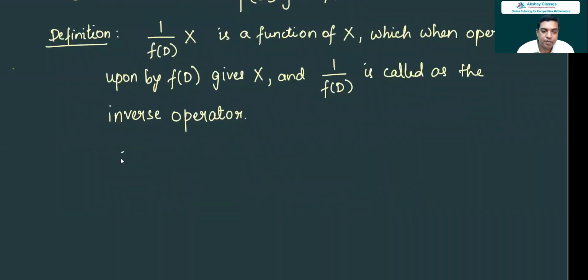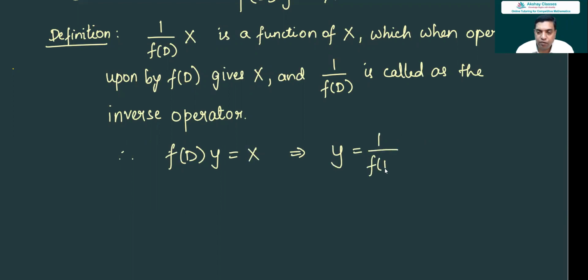Therefore, f of D times y is equal to x. This implies y is 1 upon f of D times x. So this 1 upon f of D times x is the particular integral.